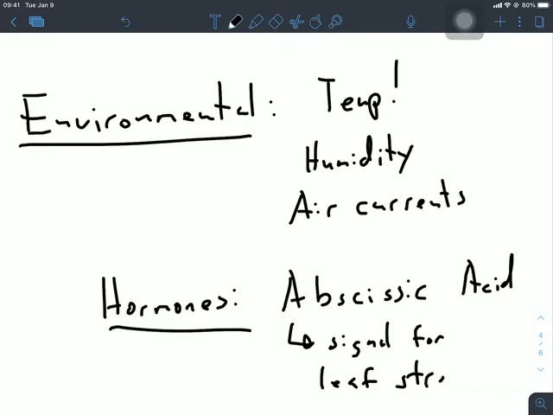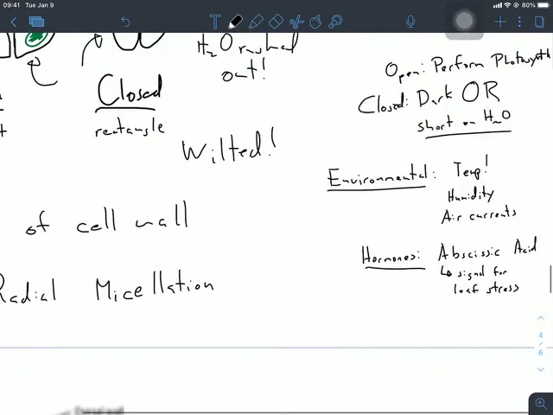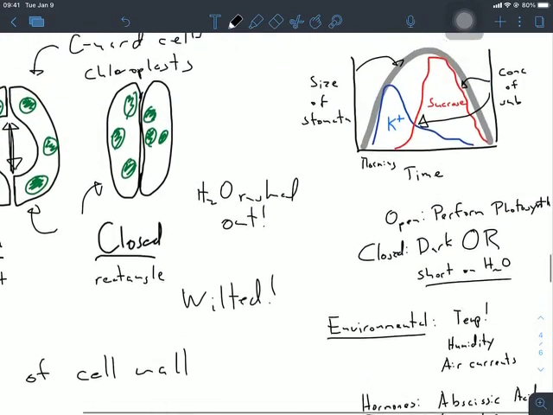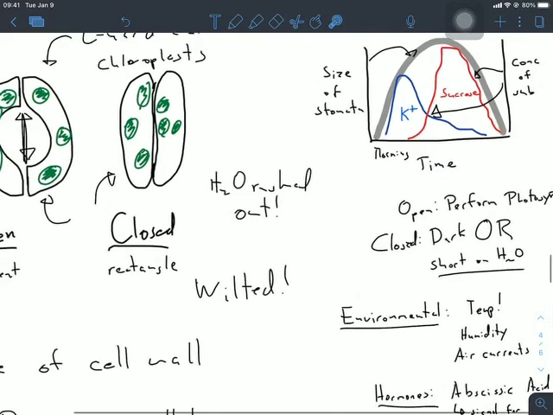Something's happened, I'm stressed out, the whole leaf is stressed out. You know what? It'd probably be a good idea to hold on to your water, so let's go ahead and do that. And so you have these environmental cues and hormonal cues that can influence your ability to open your stomata beyond just potassium and sucrose.